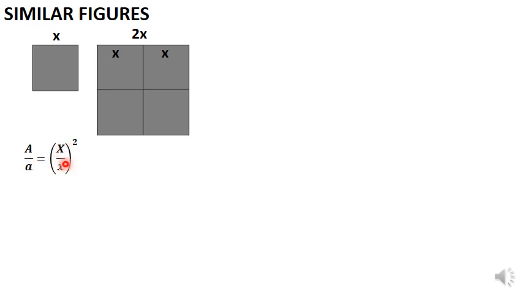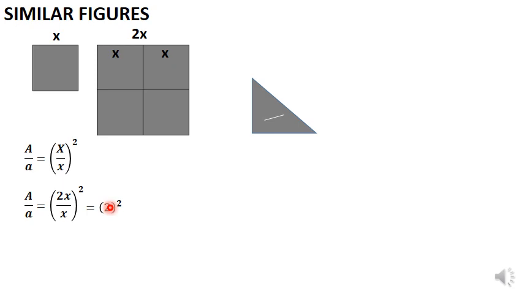In the case of our illustration, the ratio of the bigger area to the smaller area is equal to the square of the ratio of their lengths. The corresponding length on the bigger is 2x, with respect to the original x, then we have 2 squared, which is 4. As you can see, it is quadrupled.